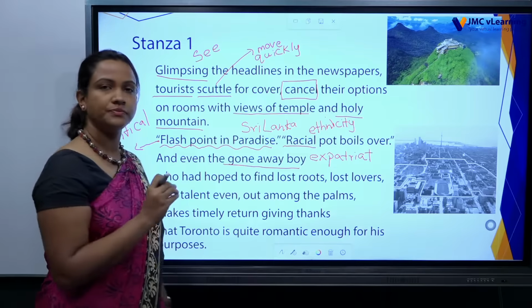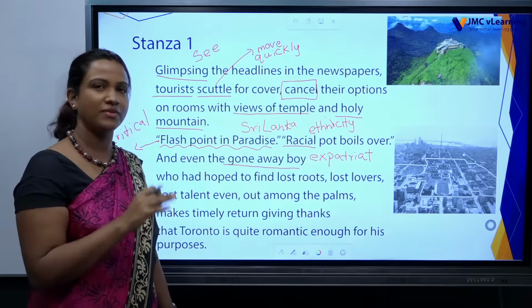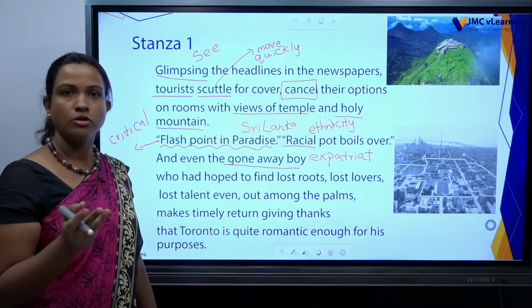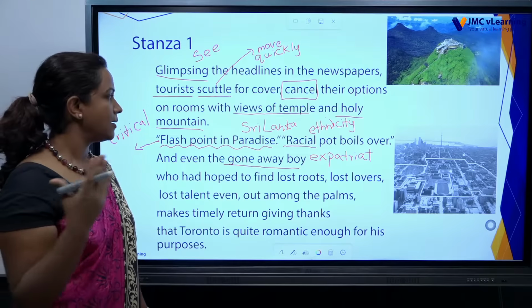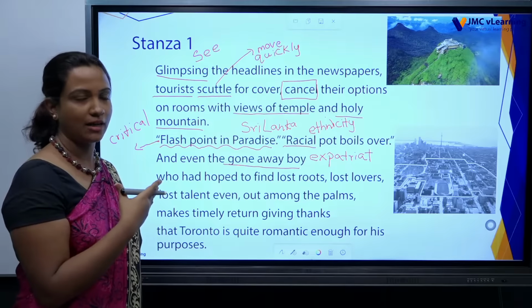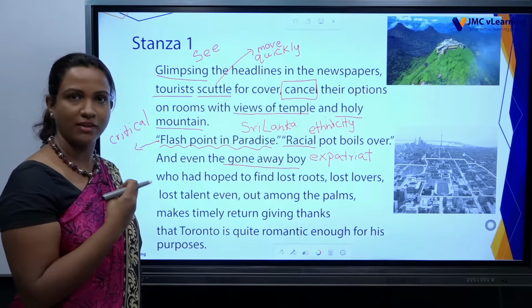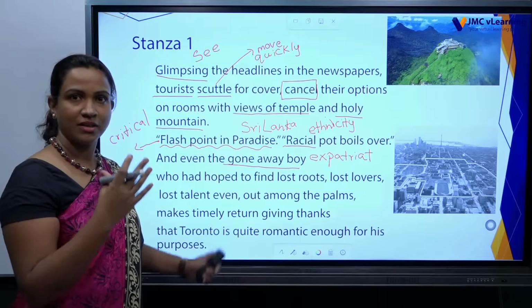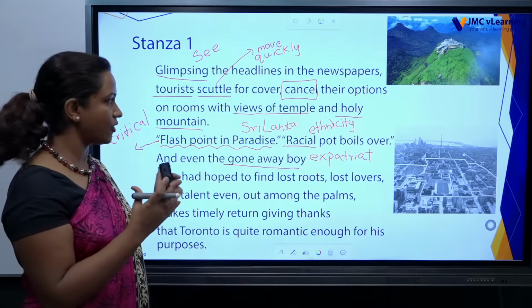Those people who move to another country, but they are born and brought up in Sri Lanka, but they move to other countries, maybe for a job or to study further, or maybe they have family in other countries. But this boy has come to Sri Lanka for vacation. But can he have a vacation in this month of July? No, not at all, because there is violence, the ethnic conflict has arisen.